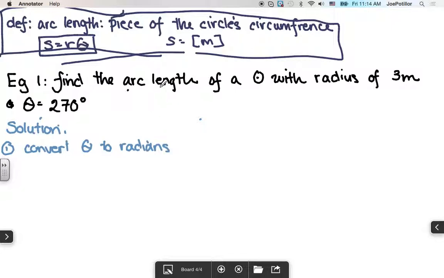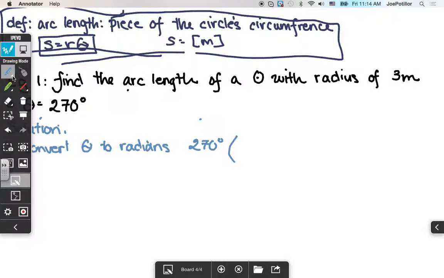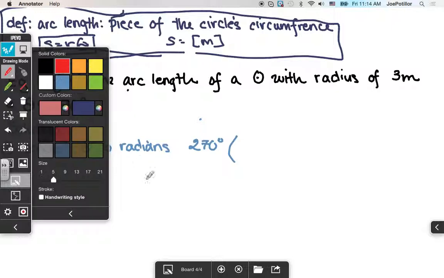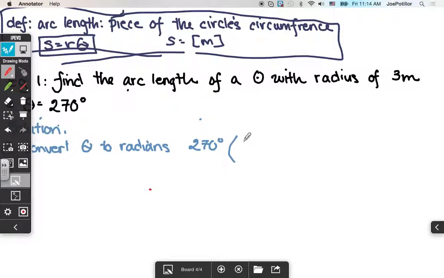By multiplying by the conversion factor, pi divided by 180 degrees. So it's 270 degrees multiplied by pi divided by 180 degrees.